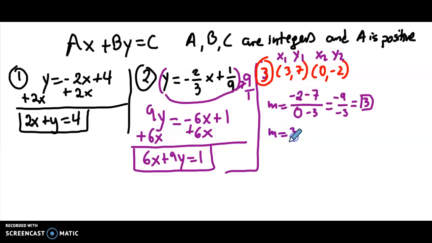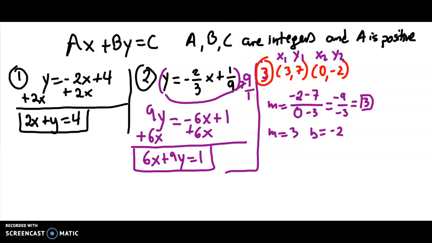Now, the slope is 3. I can use point-slope if I want to, or slope-intercept. By observing these points, I see that I really have the y-intercept. If x is 0, that means the y-intercept is negative 2. So that just gave me, within the points, the y-intercept also.